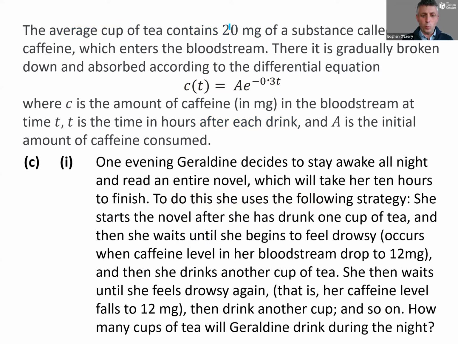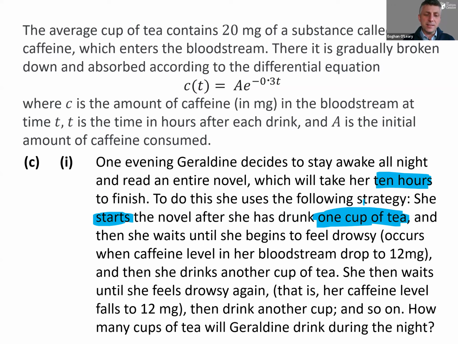The next part says, one evening, Geraldine decides to stay awake all night to read an entire novel. Maybe some of you could have been trying to do that when you were studying for this exam. It will take her 10 hours to read. So 10 hours is the important part. The novel bit isn't. To do this, she uses the following strategy. She starts the novel after she has drunk 1 cup of tea.